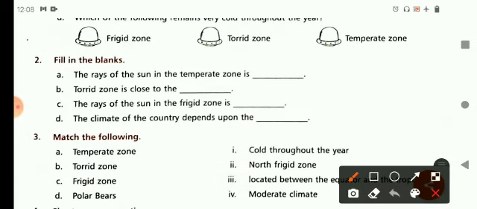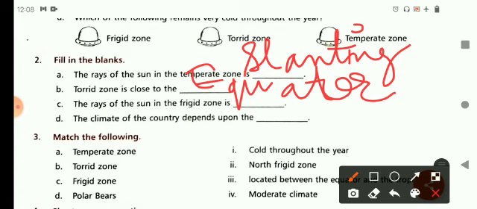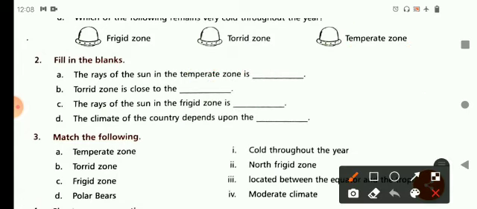Now come to the next exercise, that is fill in the blanks. The first one: the rays of the sun in the temperate zone are slanting. Second one: torrid zone is close to the equator. Third one: the rays of the sun in the frigid zone are very slanting.